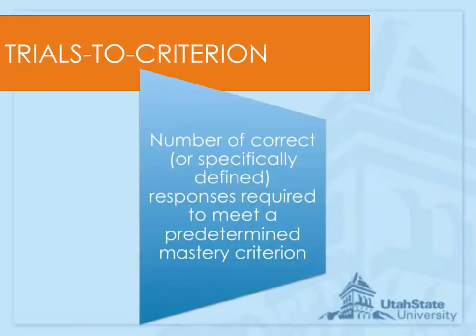Trials to criterion is used when there is a specific level that we want performance to meet. Getting 9 out of 10 questions correctly on a math worksheet might be a specific criterion that we set. We would then measure how many trials or math worksheets it took to reach that level. This helps us understand how quickly a skill is being acquired.